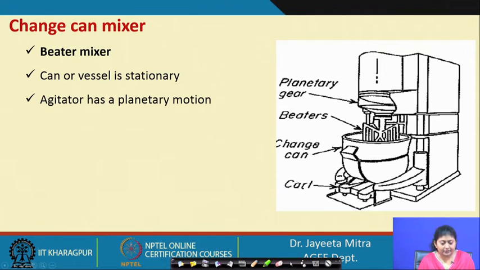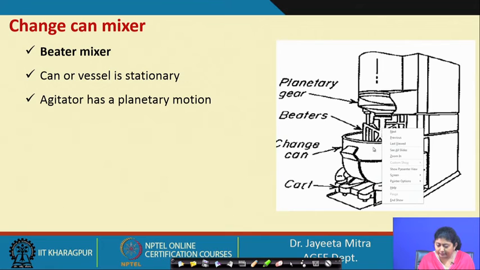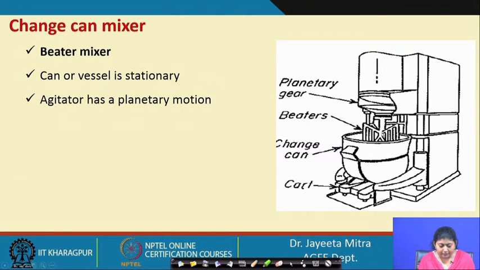So, there is a stationary vat or stationary can and an agitator which has a planetary motion. This is called the beater. There is a change can, there is a cart, and there is a planetary gear which helps in rotating this arrangement.